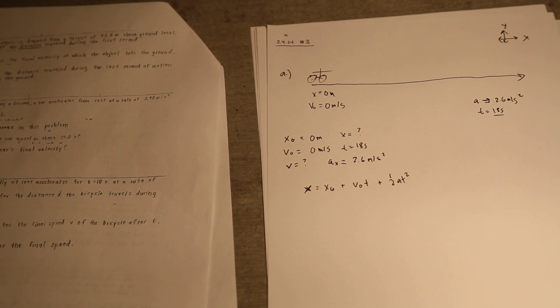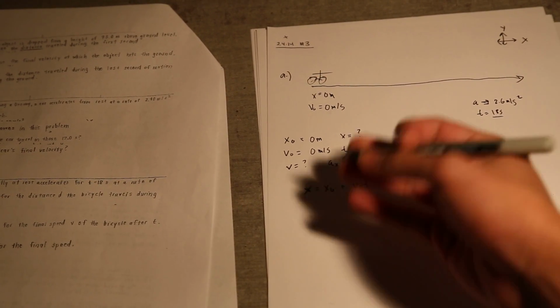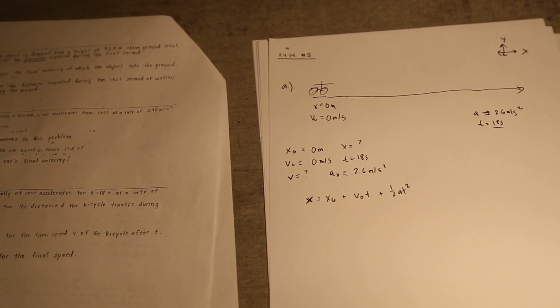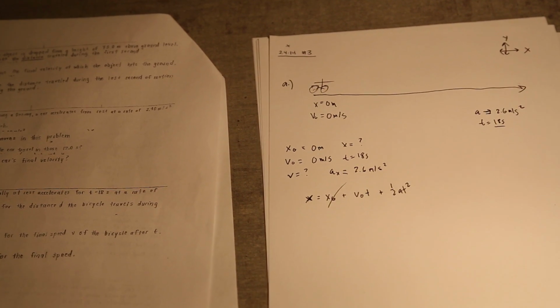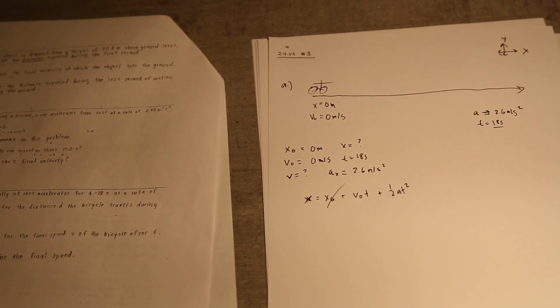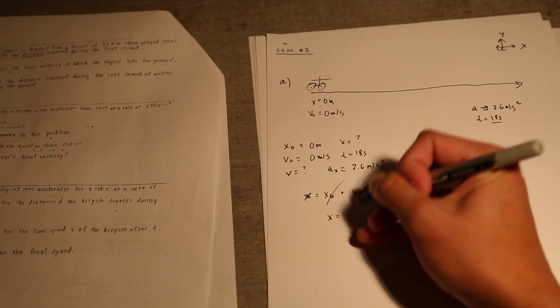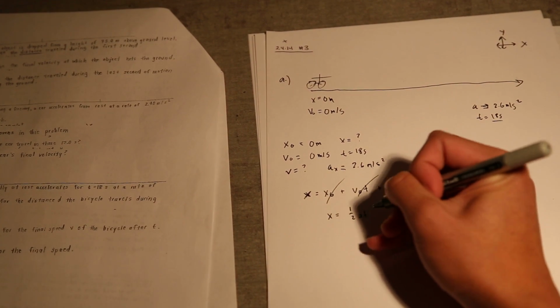It's asking us to solve numerically, so we can just solve for x by plugging in. Well, we're going to cross some stuff out first. We know x naught is 0, so boom. We know v naught is also 0, so boom. So we're left with just x equals 1/2 at squared.